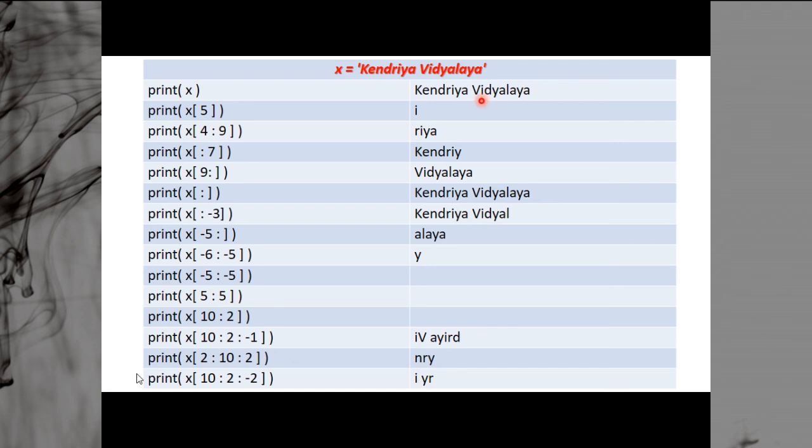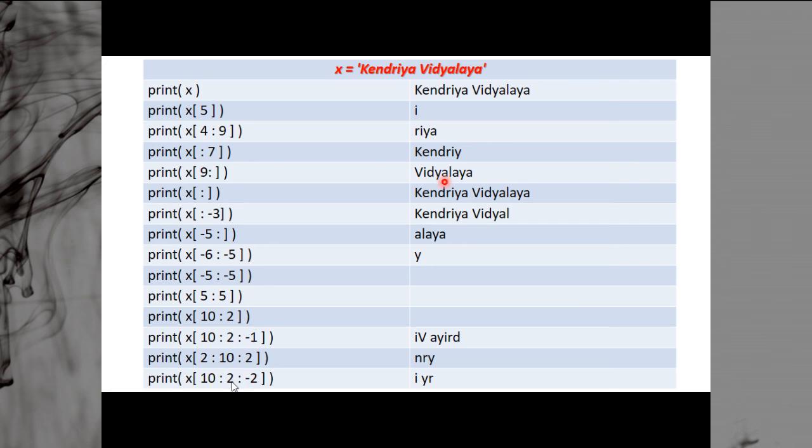Not including 10. Sorry, there is a jump of 2, so 2 plus 2 is 4, 4 plus 2 is 6, 6 plus 2 is 8, blank space, plus 2 is 10, not including 10. So this is how you are getting N R Y.